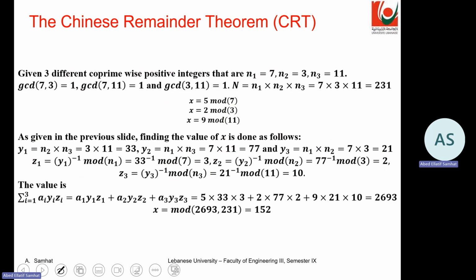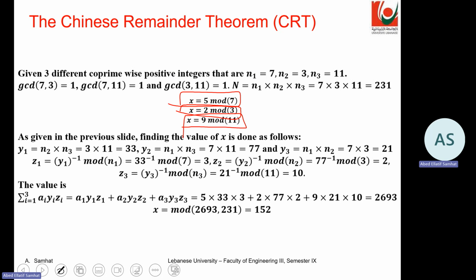And I will give you a simple example. Let's consider that we want to find x such that the remainder of x modulo 7 is 5, the remainder of x modulo 3 is 2, and the remainder of x modulo 11 is 9.